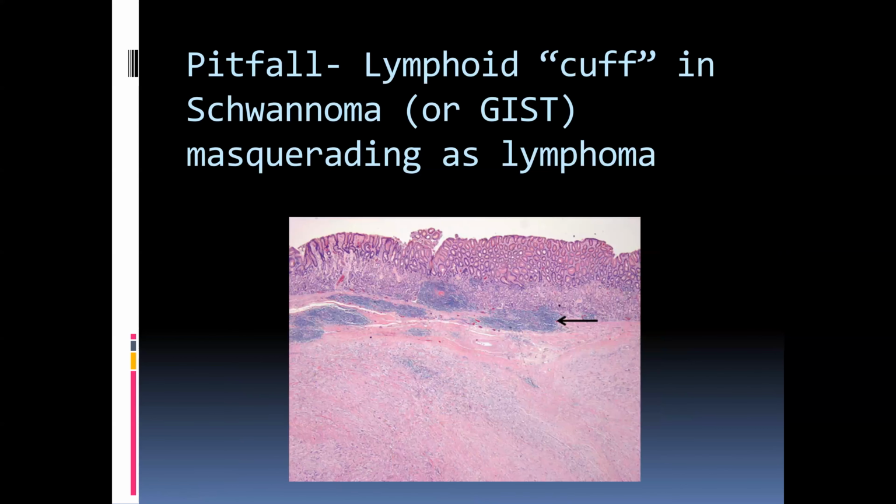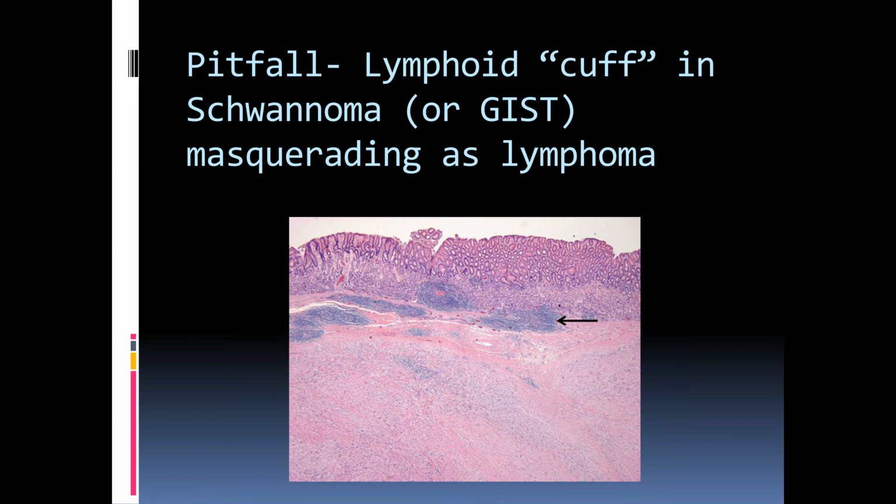But that said, these can be present in a mucosal lesion. And this is one of the pitfalls to be aware of. So here's gastric mucosa. They give you a history of a gastric mass. They biopsy the lesion, and you get down here to the submucosa, and you see this lymphoid cuff.